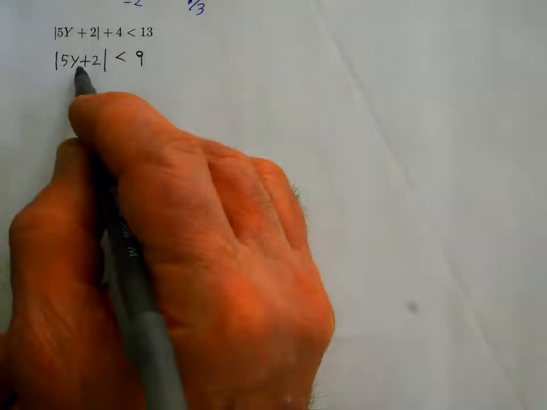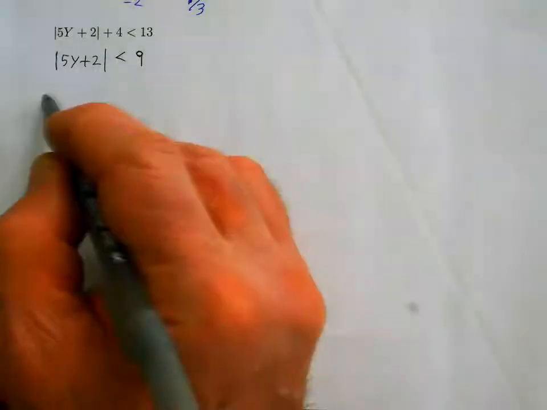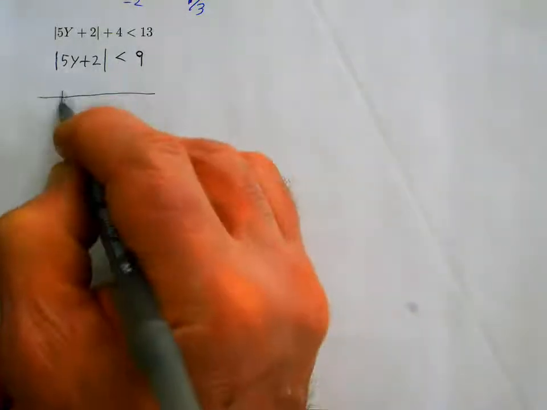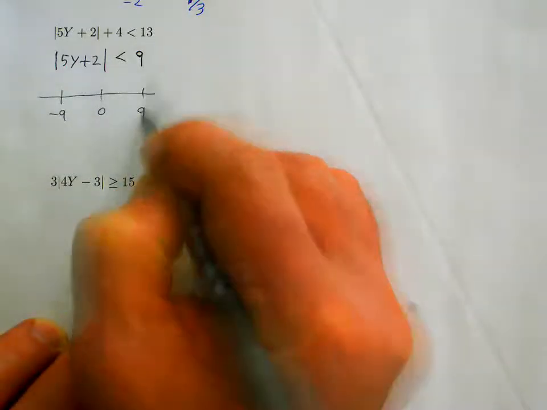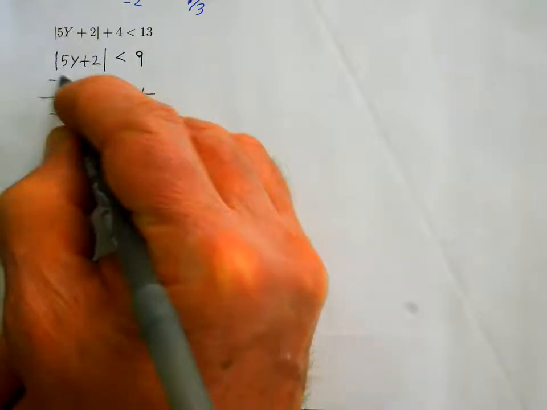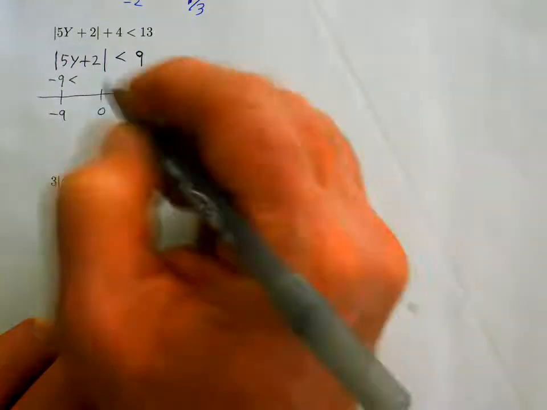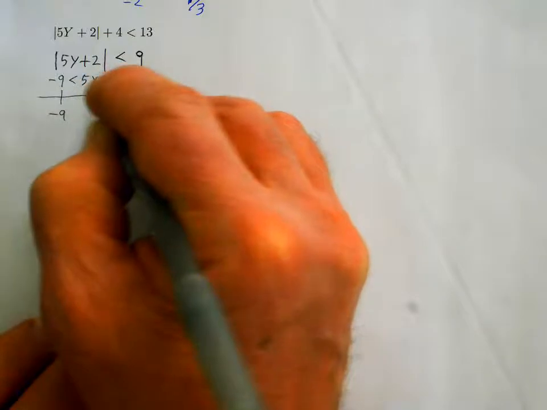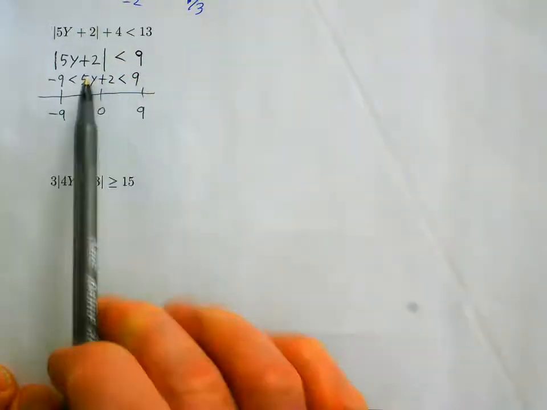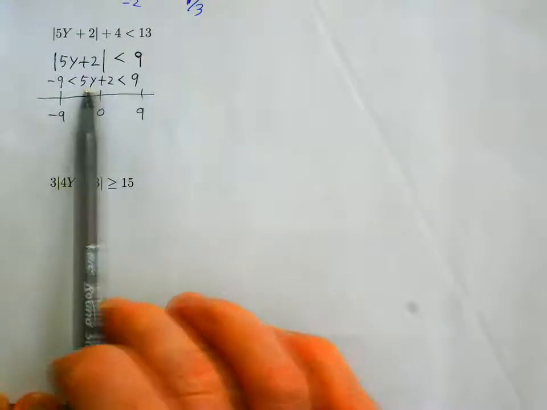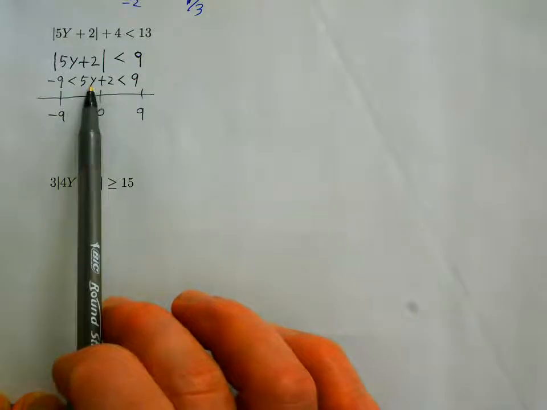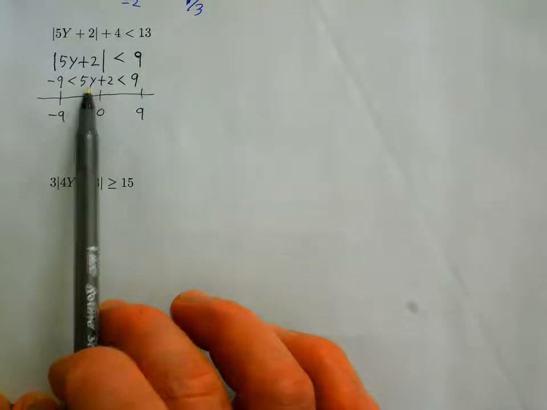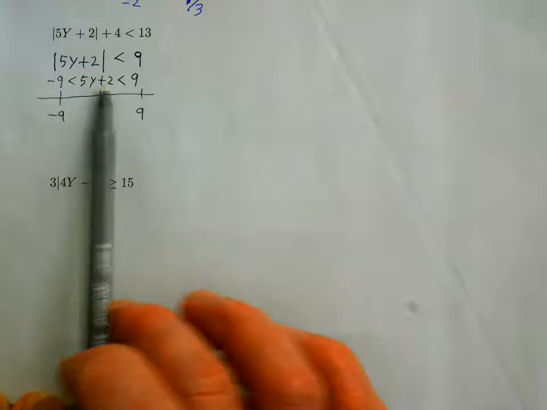So if the distance a number is from 0 is less than 9, then that number has to be between -9 and +9. So this is the compound inequality that we get. This compound inequality no longer has the absolute value symbols, so make sure you notice that.